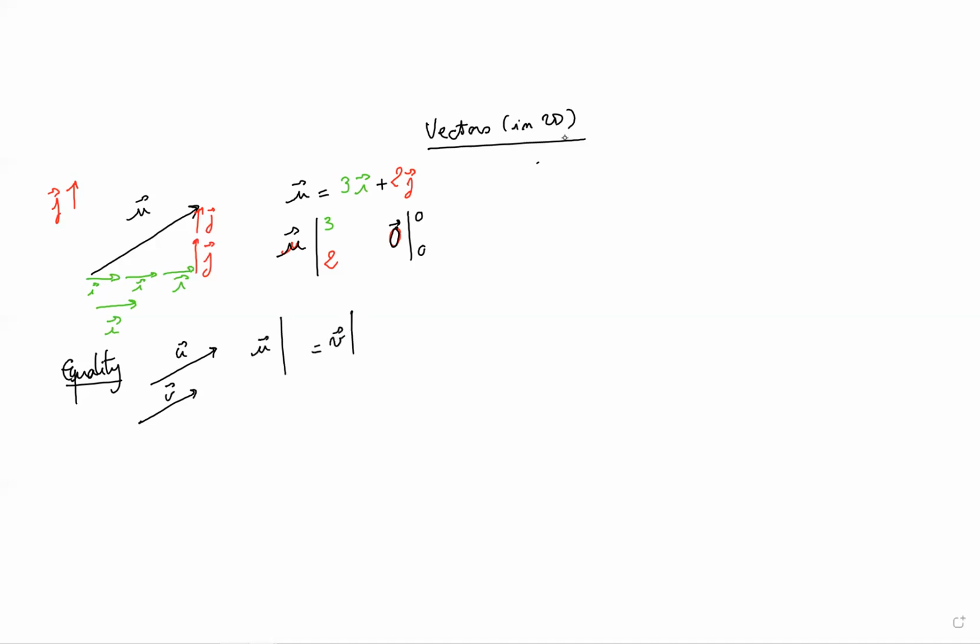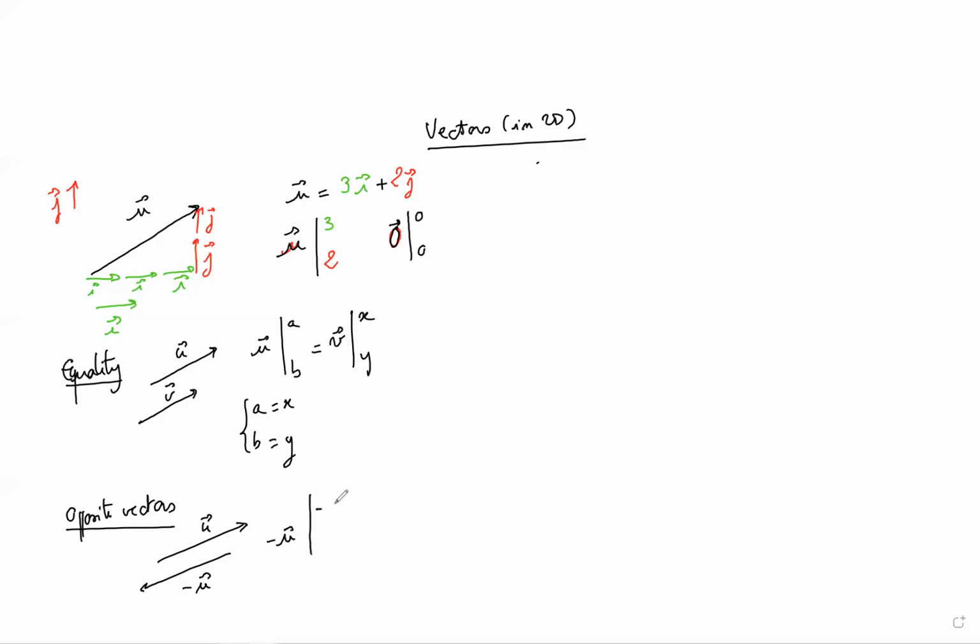So you can prove that the vectors are equal if A is equal to X and B is equal to Y. It means the vectors are the same if and only if their coordinates are the same. You get opposite vectors when they are the same length but opposite direction. So it will be denoted U and minus U. And of course, the coordinates of minus U will be minus A and minus B if U has A and B as its coordinates.